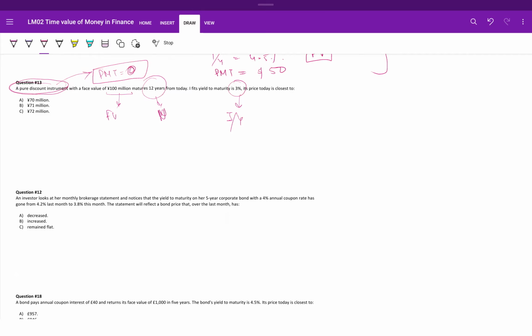We actually have to calculate our present value in this question. Plug these numbers into the calculator and you will get a value of somewhere around 70 million Japanese yen.